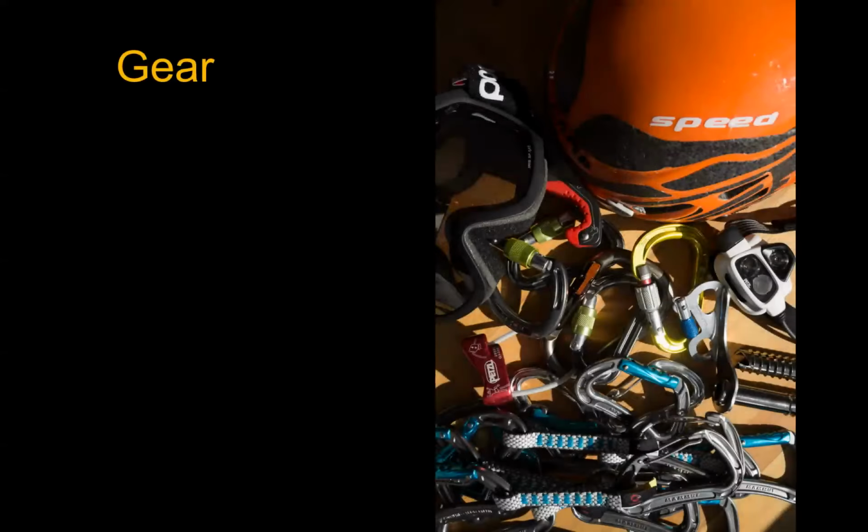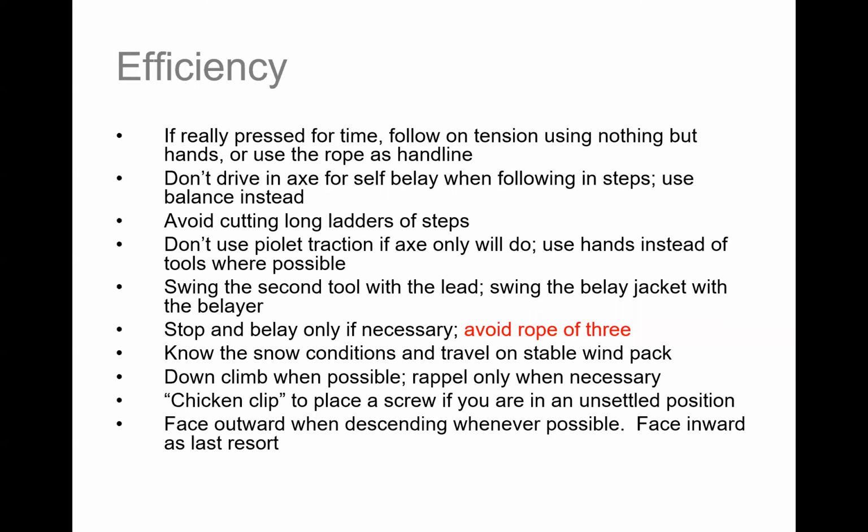So I'm curious, what's a chicken clip? A chicken clip would be if, let's say, you're leading a pitch and your footholds are just awkward. When you're pitching out a route, you may only have, on a 60-meter rope, 3 ice screws between you and your belayer.